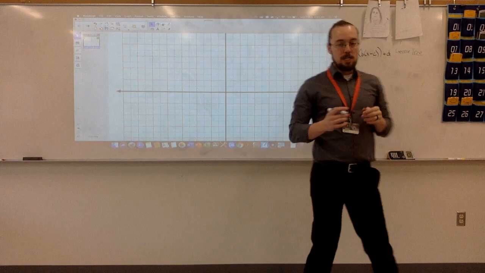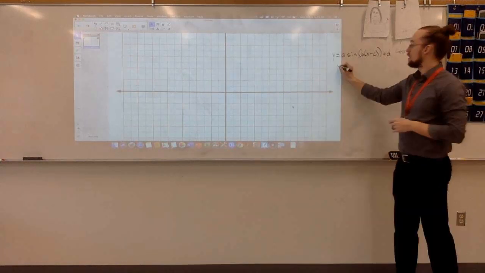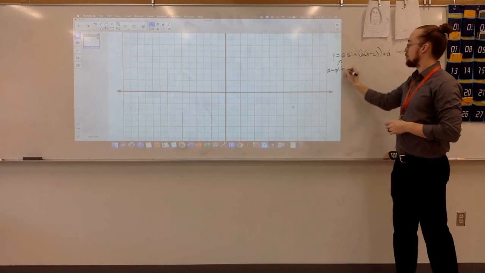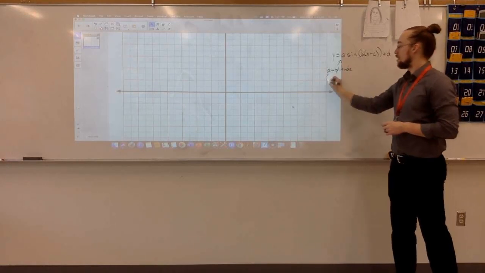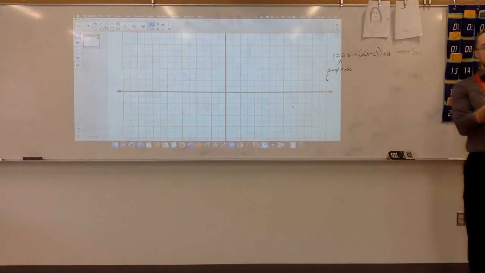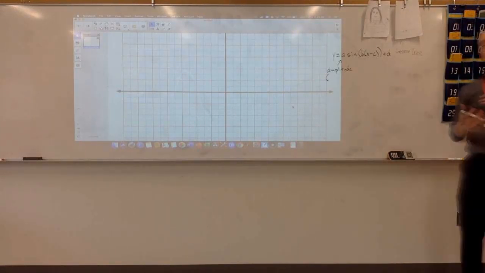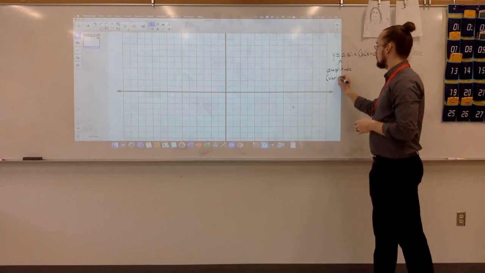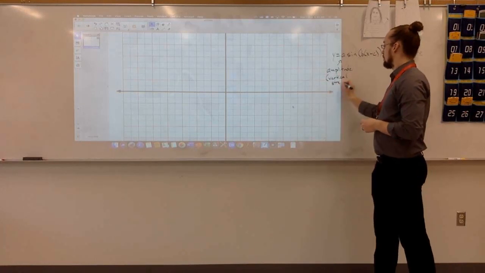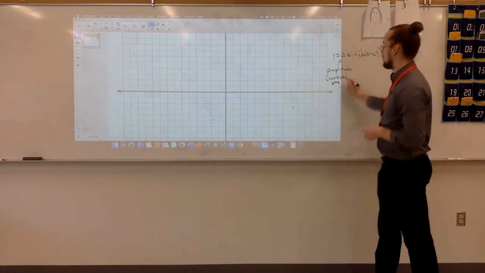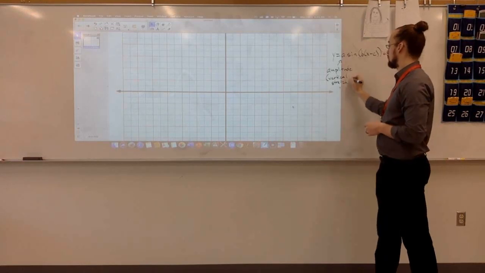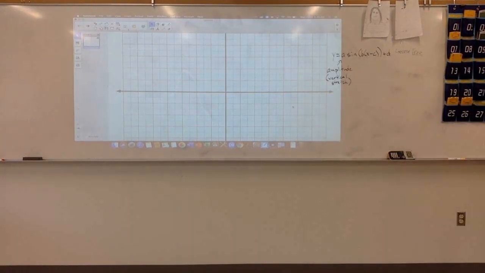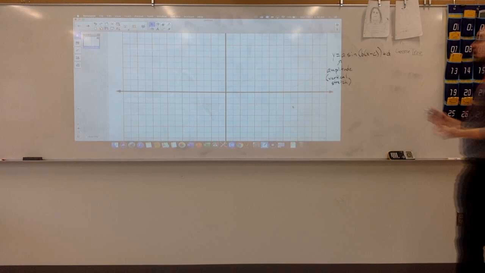The A value is the amplitude. Amplitude is like a vertical stretch. Our B value changes the period.